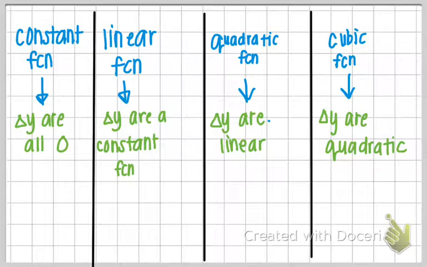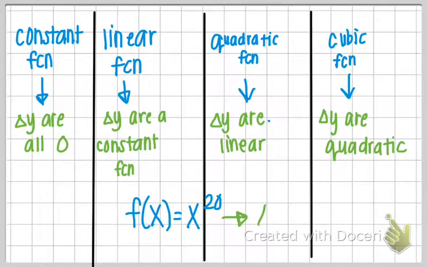If, let's say I gave you guys the original function, f of x equals x to the 20th power, based on the patterns that we've noticed, this is so cool that you guys can look at this and discover these things, that the delta y's are going to make a function that looks like x to the 19th. So, kind of neat.